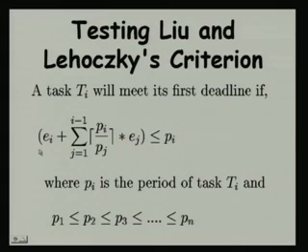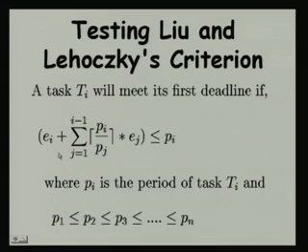See, we want to check whether a task Ti will meet its first deadline. Let us assume that T1, T2, T3, ..., Tn are arranged in order of their period, that is, T1 is the highest priority and Tn is the lowest priority, right. As long as there is a higher priority task, the rate monotonic algorithm will not allow a lower priority task to run.